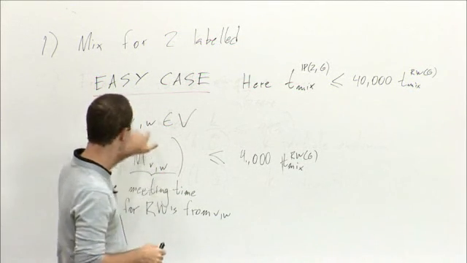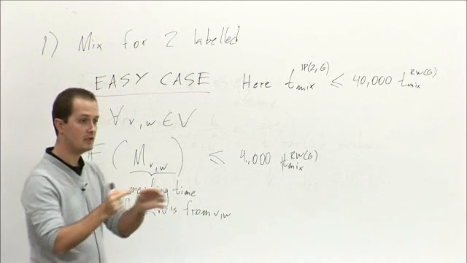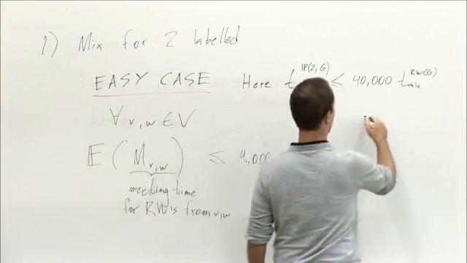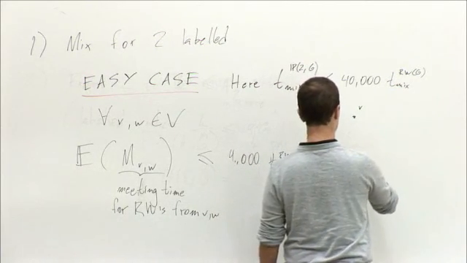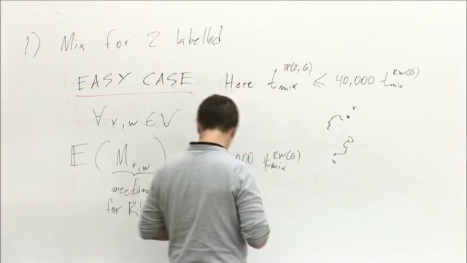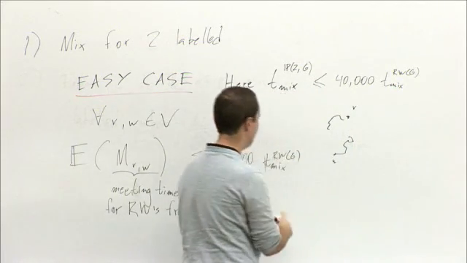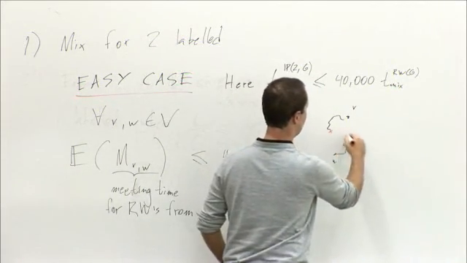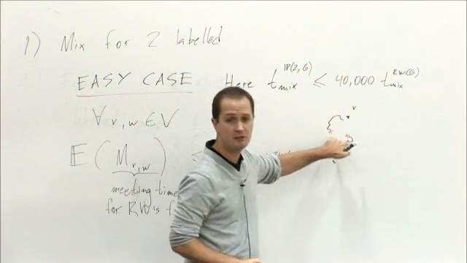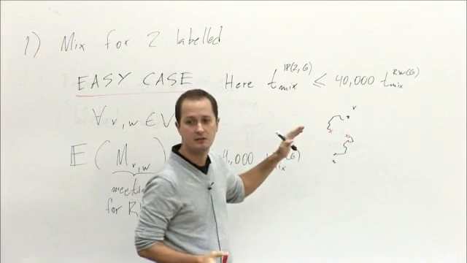If you have one single pair where random walks take a long time to meet, well, you can imagine like this: you have this pair here, V, W, and the random walks take a long time to meet. Well, if they walk for a time that's like the mixing time, these two places are more or less random. Of course, you can't say that the pair is random, but you can say something to that effect.